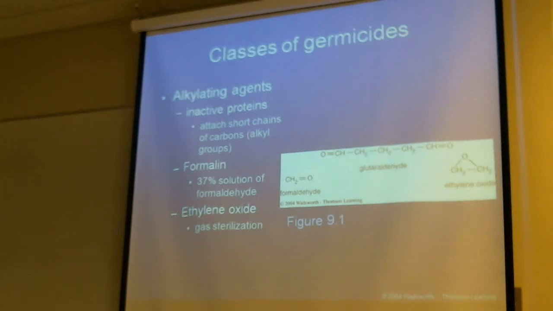Formalin, which all the aldehydes fall into this group, but formalin, which is a 37% solution of formaldehyde. Ethylene oxide, which is in this same group, good for gas sterilization. You can up your amount of formaldehyde and it ends up eliminating a lot more organisms.